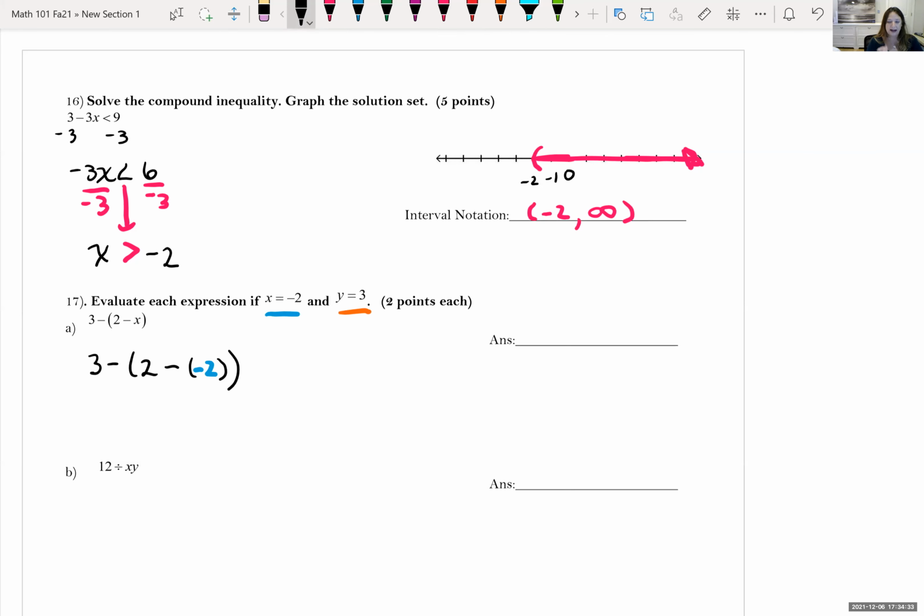So remember, a minus and negative is addition. Inside the parentheses, order of operations, we're going to do this first. So this is really 2 plus 2. So we have 3 minus 4. This gives us back -1.